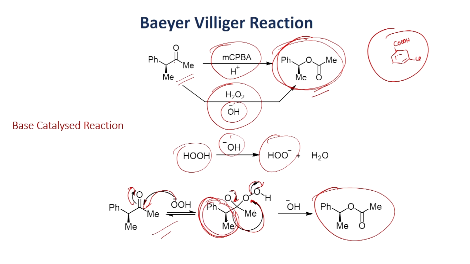This is because this is more nucleophilic, so it can undergo migration to the electrophilic oxygen, and then you will be able to get the ester as the product. This is the reaction mechanism in the case of base catalyzed reaction, when you have hydrogen peroxide in the presence of base, and you react with the ketone to form the ester as a product.